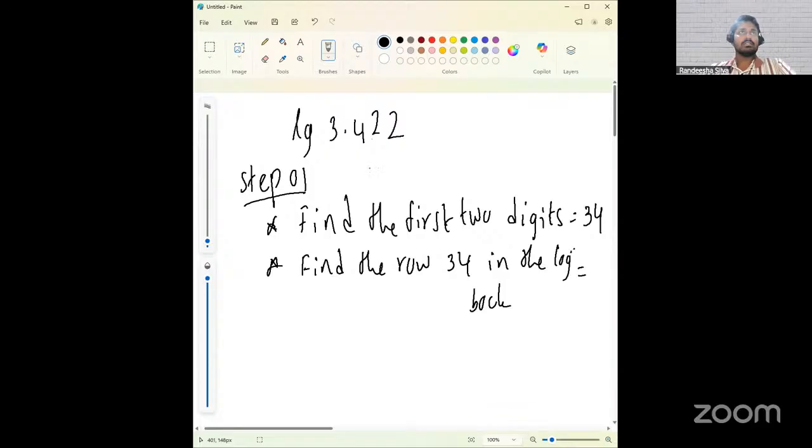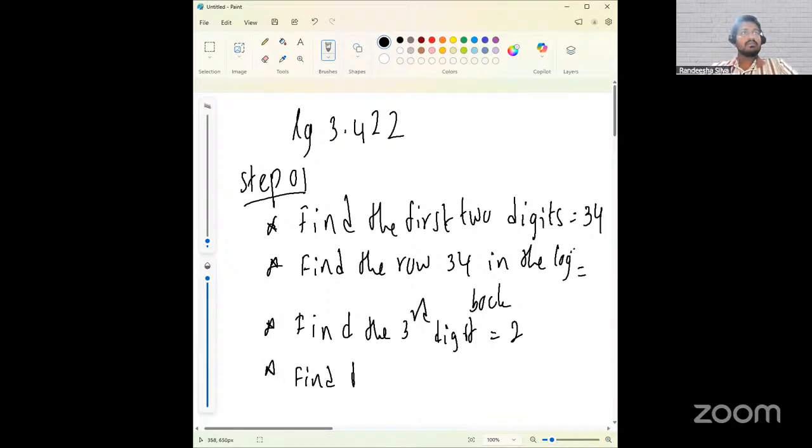Then the third digit. In the first step, we do the same because it's one single thing. Find the third digit. It is 2, so it would be column 2, right? Find the column 2 in the logbook, okay?